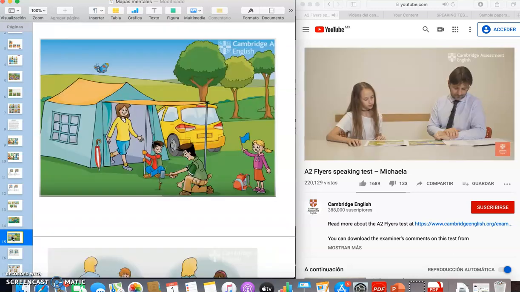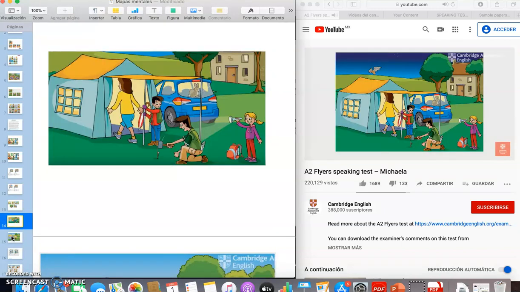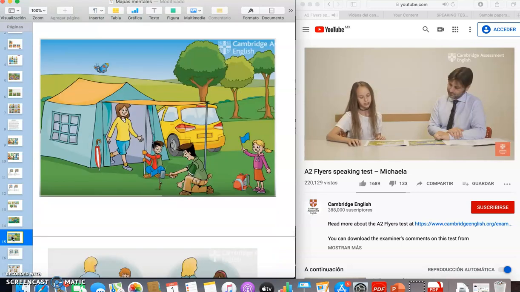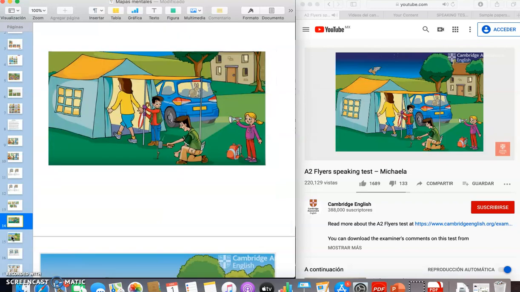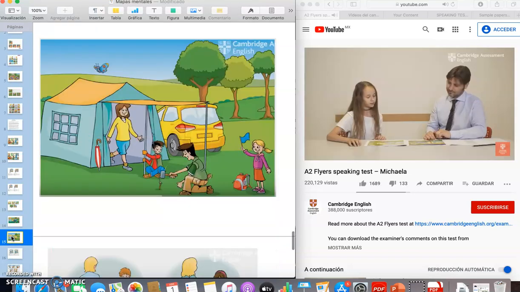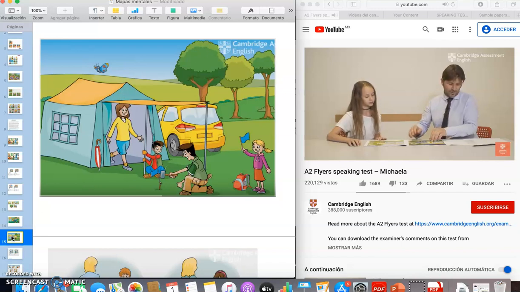In my picture, the boy is wearing orange ones. In my picture, there's a house behind the trees. In my picture, there isn't a house behind the trees. Good. In my picture, there's an umbrella inside the tent. In my picture, there isn't an umbrella inside the tent. Good.